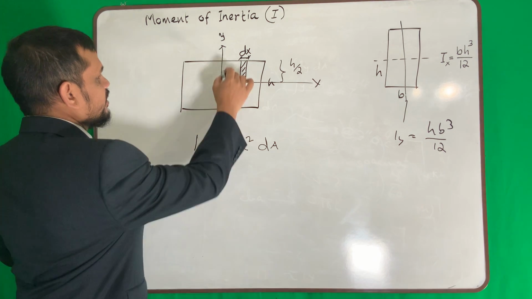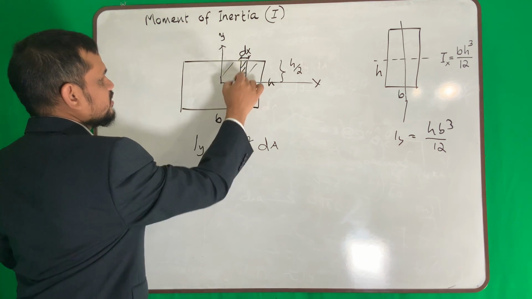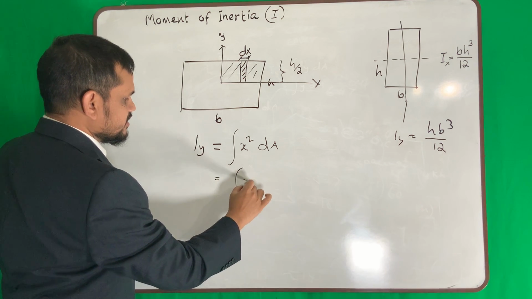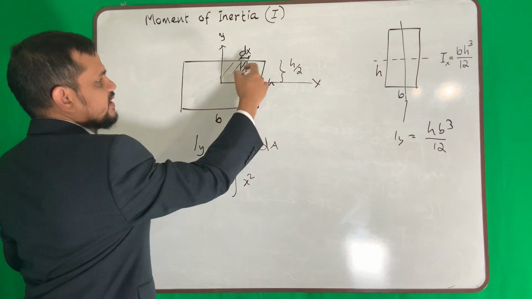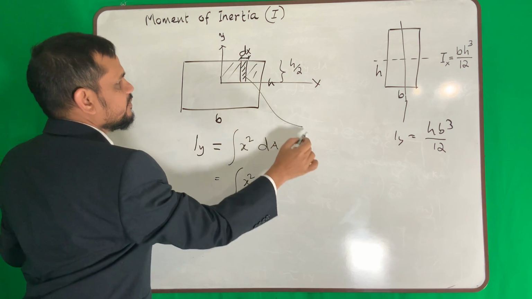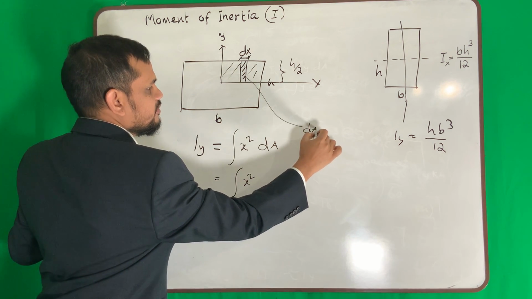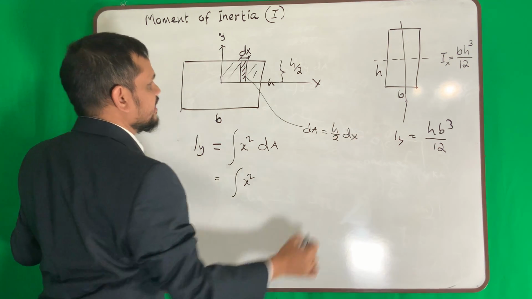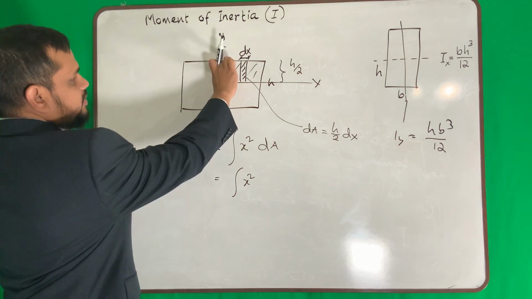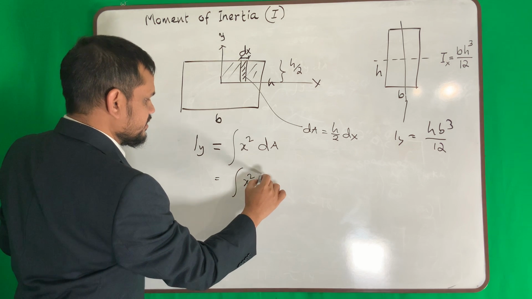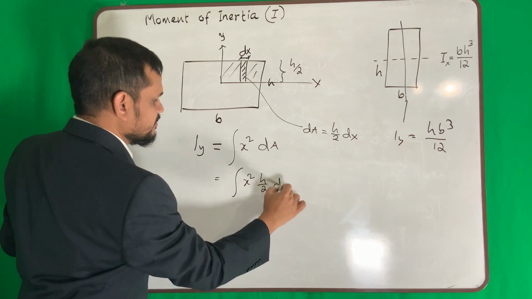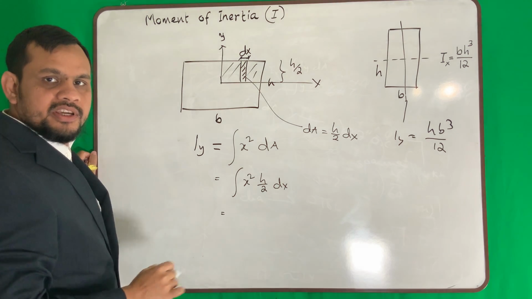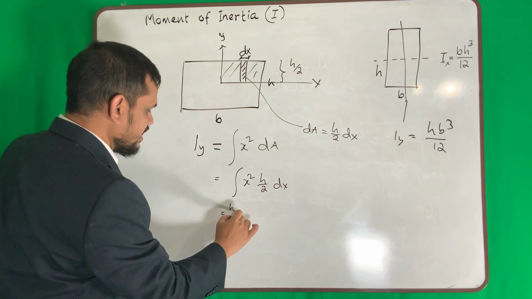Now, if we consider only this portion, then what is happening? So x square, what is my dA? What is the area of this? So dA will be h over 2 times dx. Then h is a constant number, it will not change, so I can take h out.